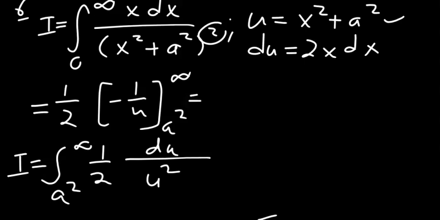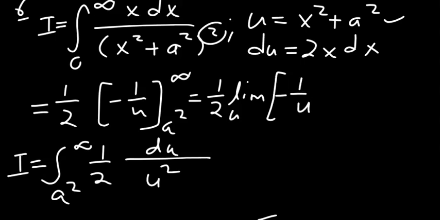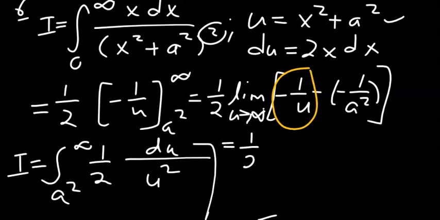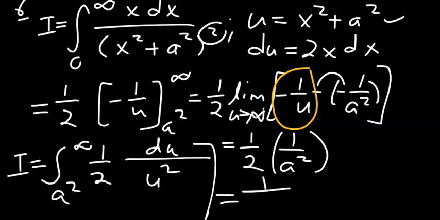And when we write it, we have to be careful. It's half limit of minus 1 over u, as u tends to infinity, minus minus 1 over a squared. So as u tends to infinity, the first term goes to 0, leaving that half, and minus minus is a plus 1 over a squared. So the answer is 1 over 2a squared, and that's the answer.